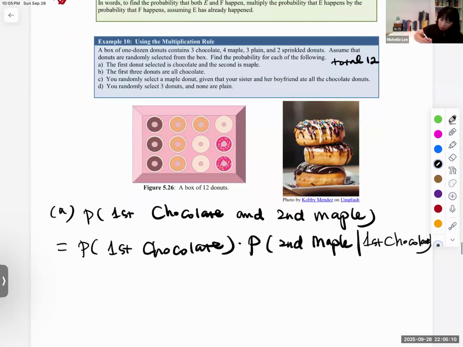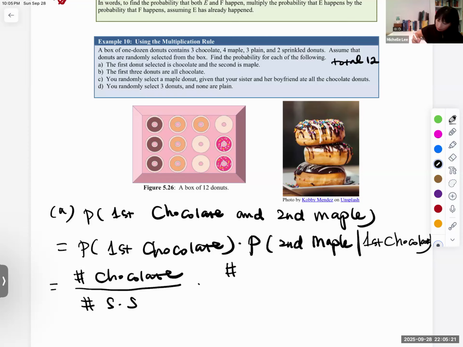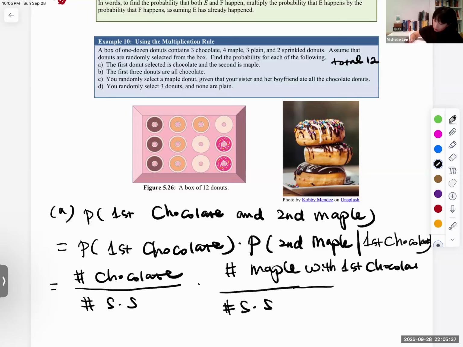That is the number of chocolate divided by the number of sample space, times the number of maple over the number of sample space with first chocolate selected, right?